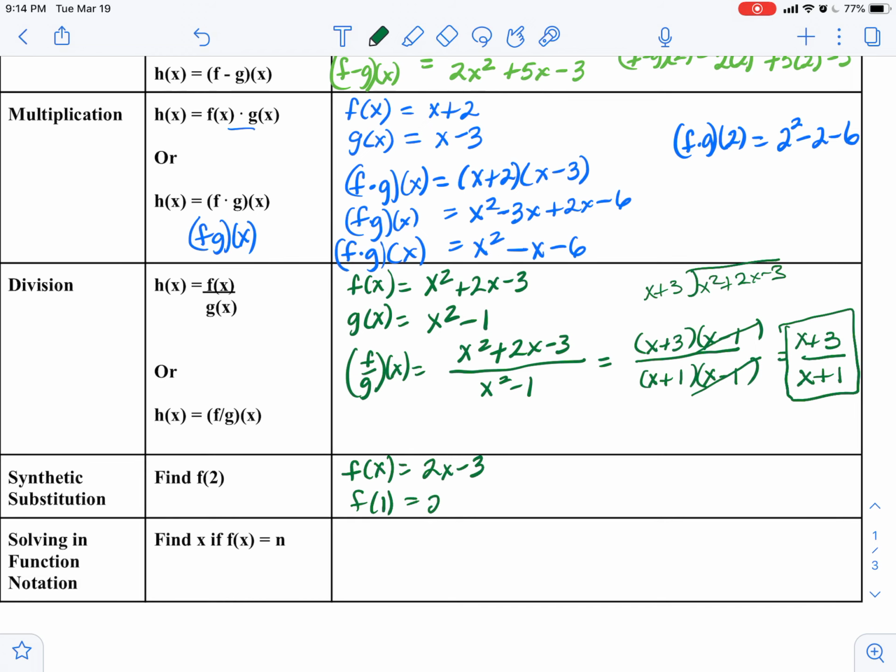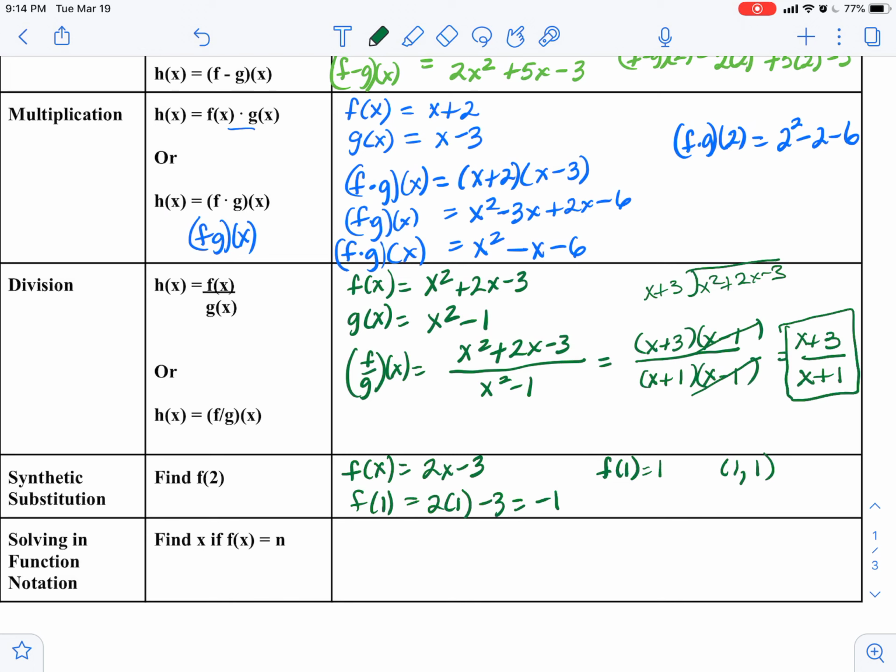That simply means to put a 1 for your x and to simplify. Okay, 2 times 1 is 2, minus 3 is negative 1. And so we would say that f of 1 is negative 1. And we did that at the very beginning of the year. Okay, what that will actually become is our point that we'll graph.